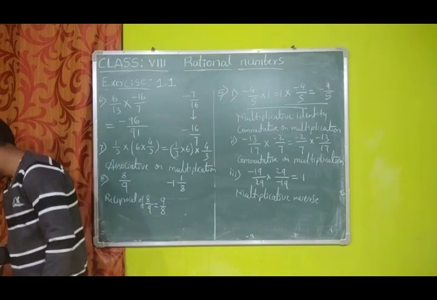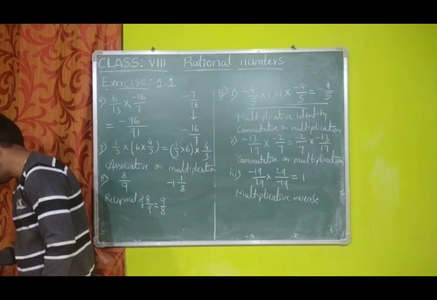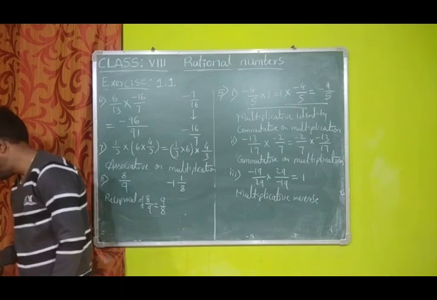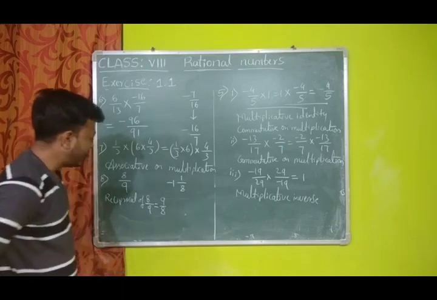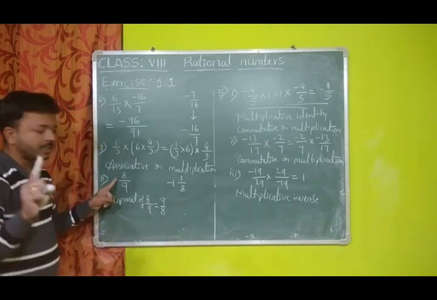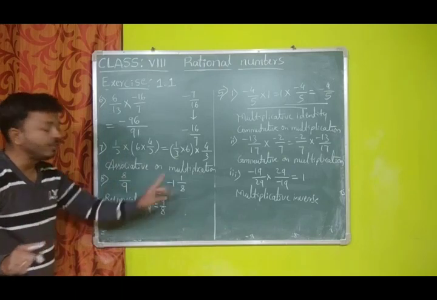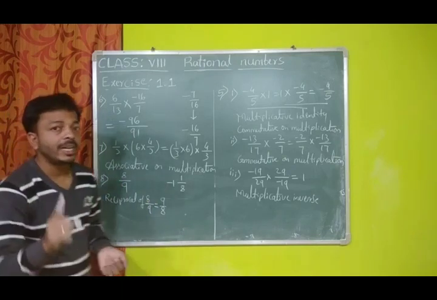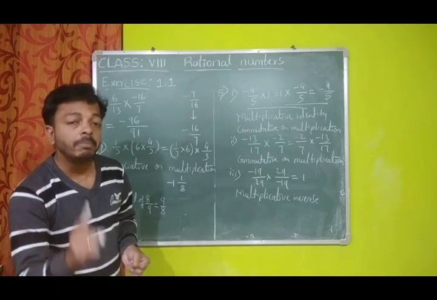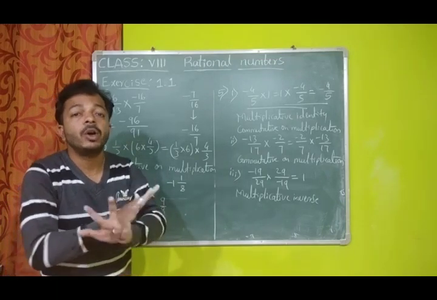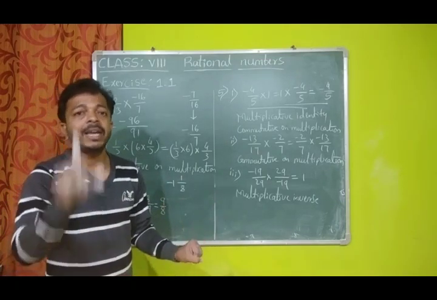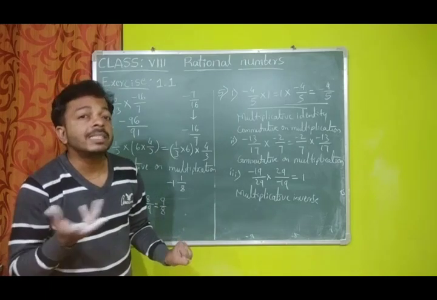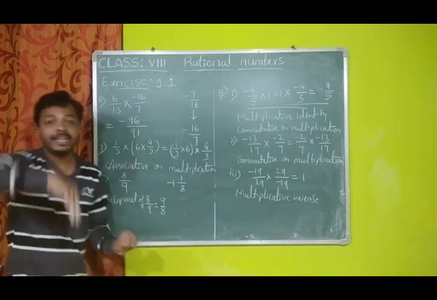What they gave is the multiplicative inverse of minus 1 upon 8. Here plus is there, here minus is there. As I told, in the multiplicative inverse the sign cannot change, only do the reciprocal. The sign changes in the additive inverse.